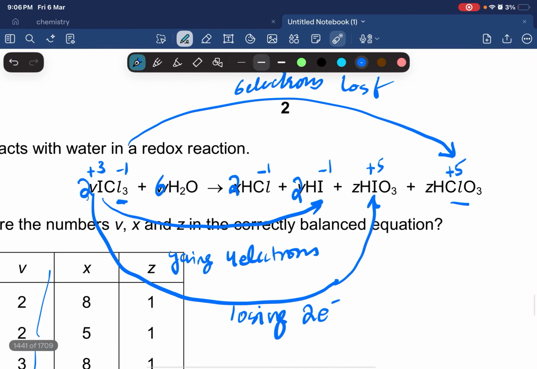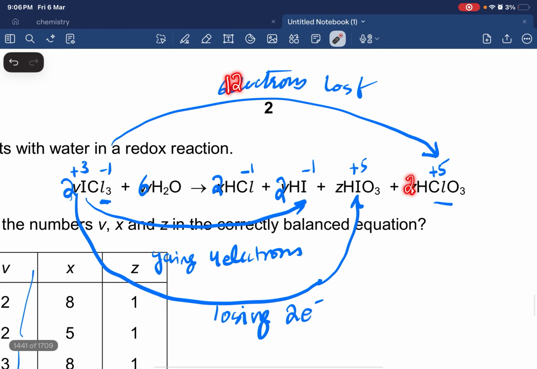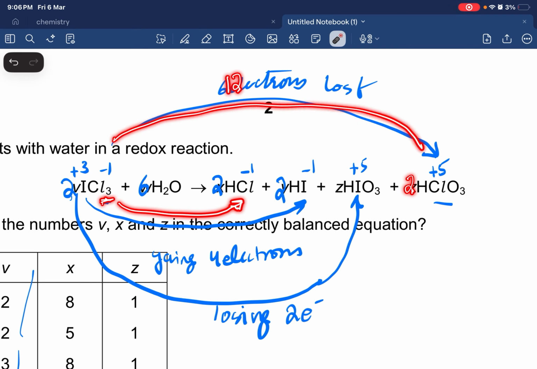If I add a 2 here, that means that now my 12 electrons, there are 3 chlorines, okay? And out of those 3 chlorines, 2 chlorines do nothing. But my 1 chlorine loses 6 electrons.